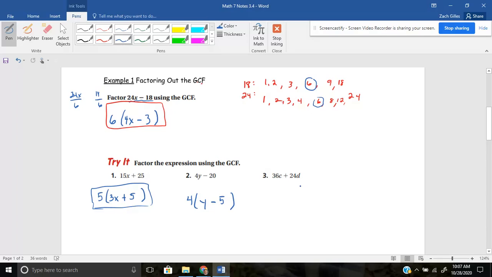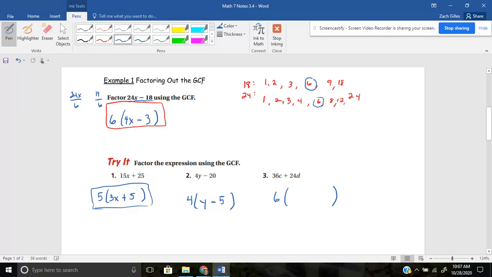And then lastly, the greatest common factor between 36 and 24 should be 6. So I'm dividing both of these terms by 6. Again, I put 6 and then my parentheses.